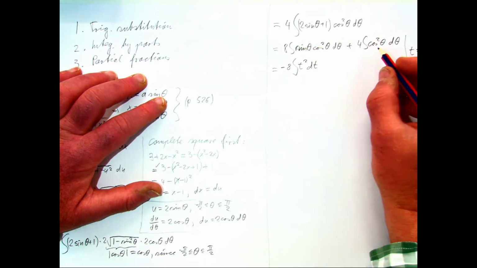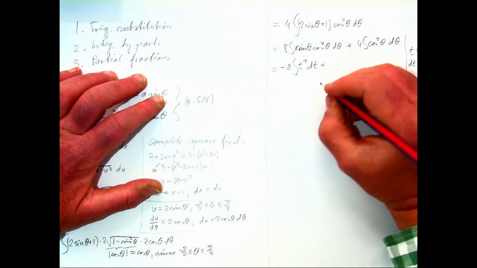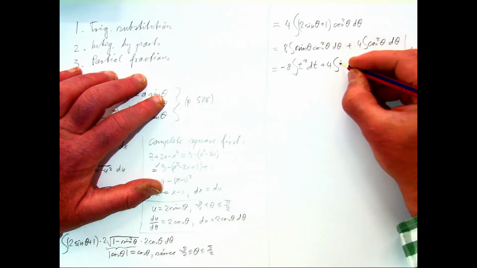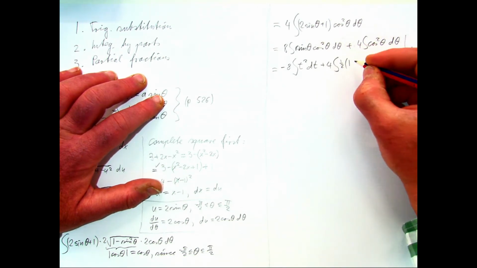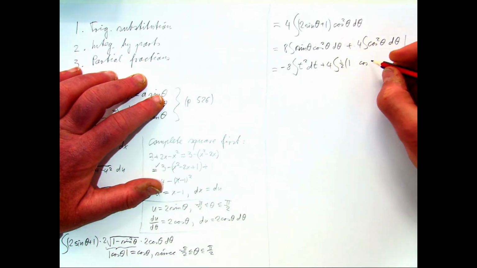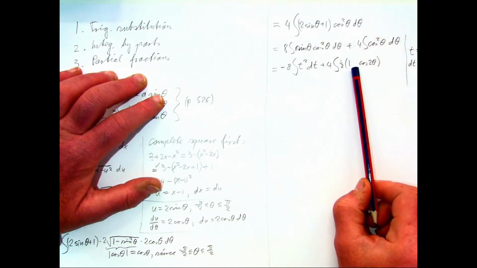And here, what is the trick if you have a cos squared? It's a double angle formula. So cos squared is a half times 1 plus cos of 2 theta. You have to remember whether it's a plus or a minus.